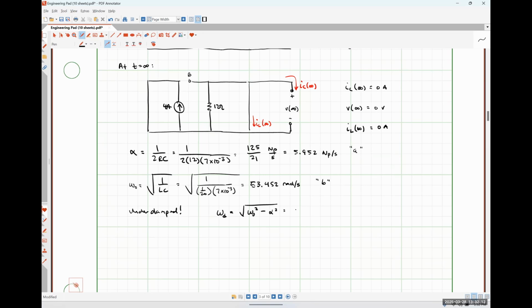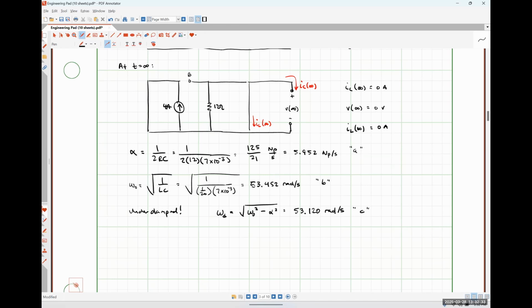And I wind up getting 53.1197. So let's call that 53.120 radians per second. And I'm going to store that in my calculator as C for when I need it later.